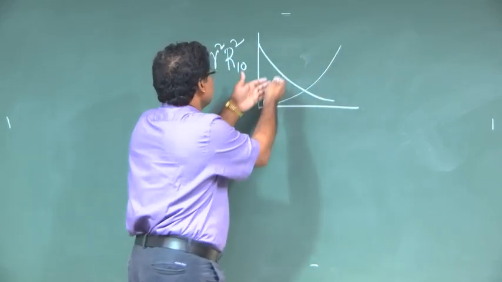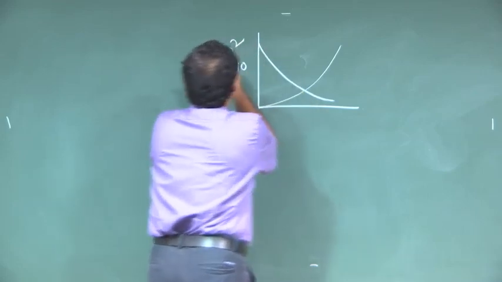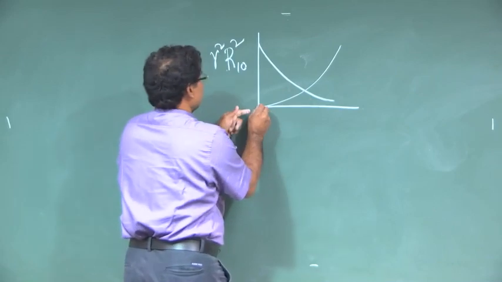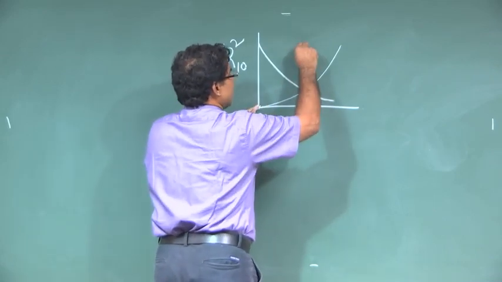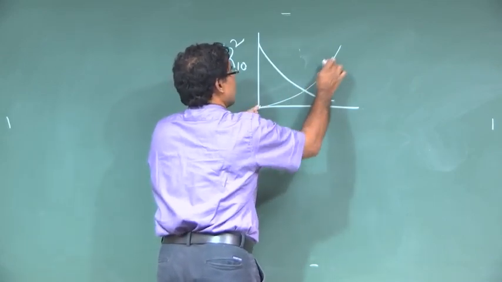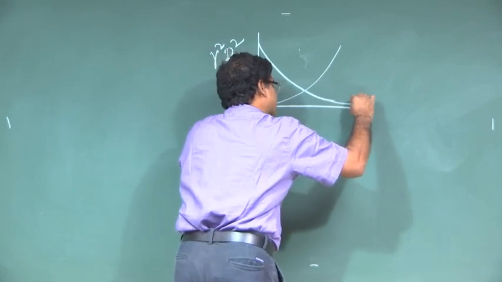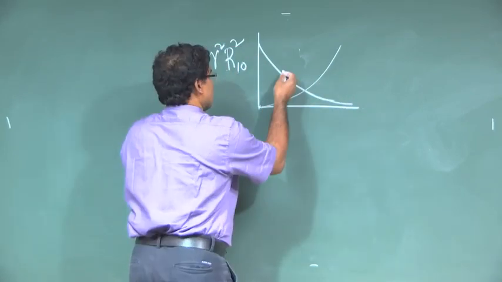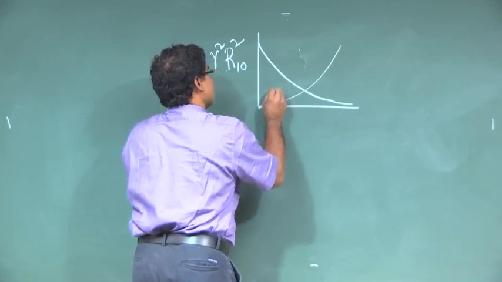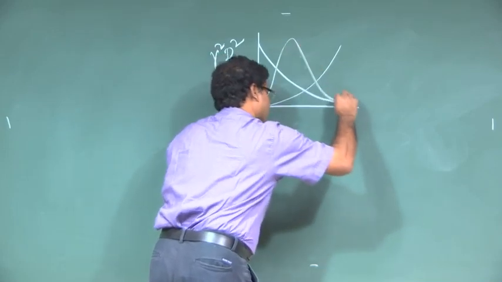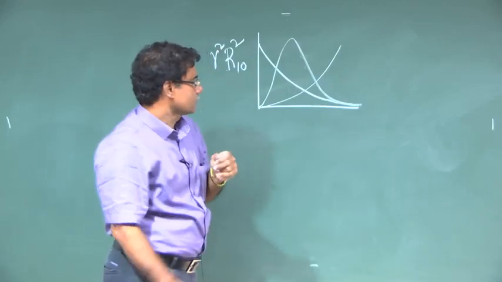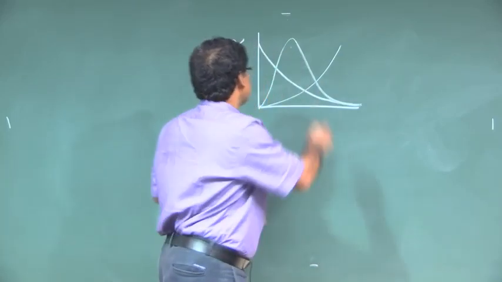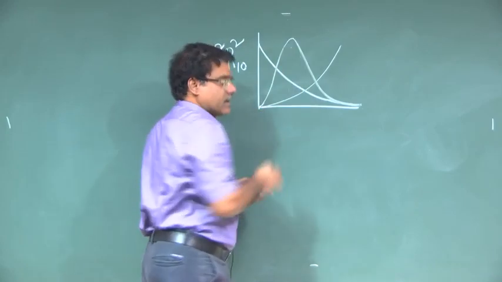Now, if you multiply these two curves, here it is 0, and somewhere you will get a maximum, and it goes towards 0. At the end also it will follow this curve. So, you will get this kind of curve, which tends to 0. This is now your probability curve.